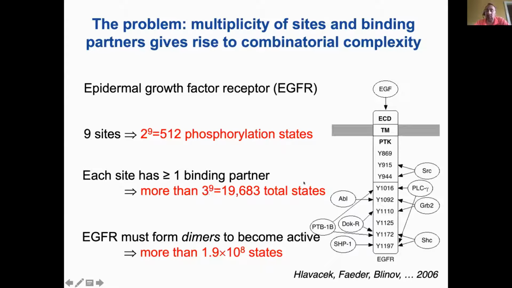And then you would like to account for adapter proteins, you add 1 binding partner per site, at least 1, and you end up with 3 to the 9 states of an individual receptor.